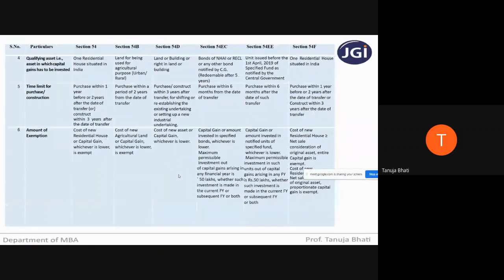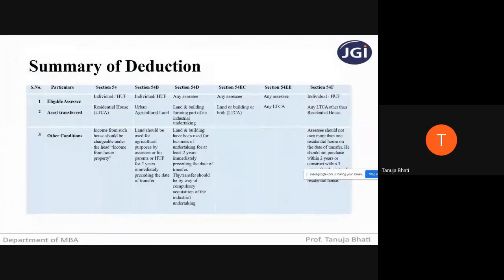So remember the important sections that are frequently asked in the exam: section 54, 54D, and 54F are maximally asked in the exam, but that doesn't mean that you'll ignore the other sections. Quickly: section 54, residential house invested in residential house. 54B, urban agricultural land invested in an agricultural land. 54D, land used for an industrial undertaking invested in a land that is used again for an industrial purpose. 54EC, any long-term capital gain invested in the specified bonds of NHAI or Rural Electrification Corporation.